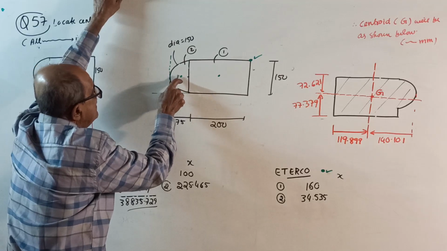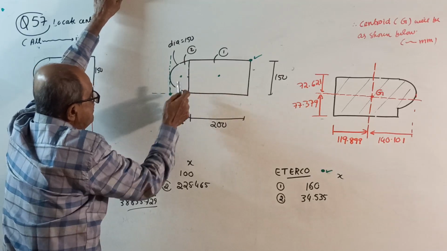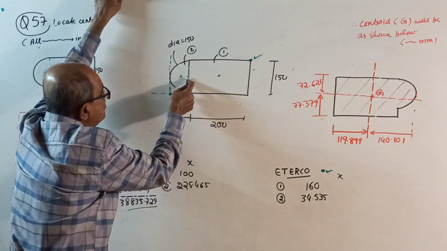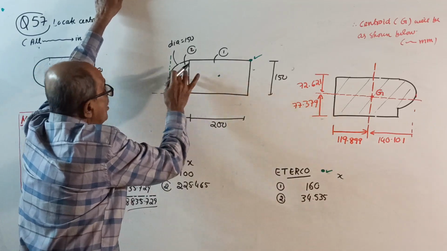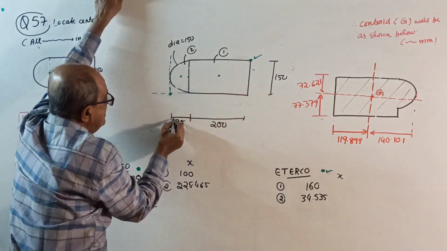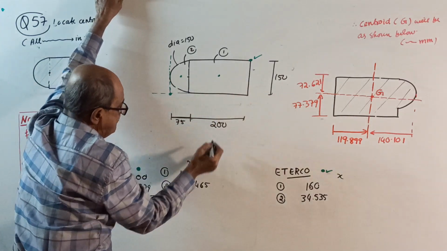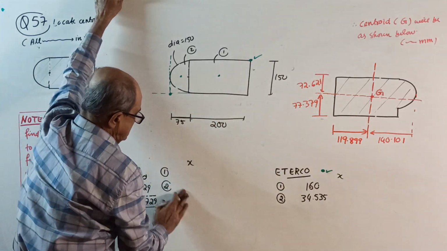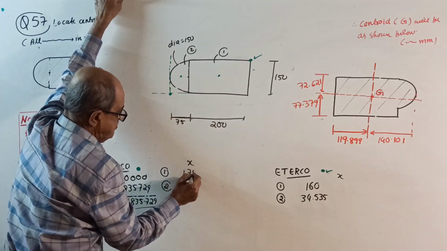For figure 1, x is 75 plus half of 200, that is 175.